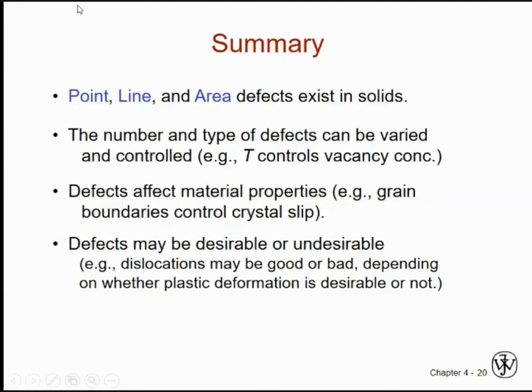So as a summary, we have talked about point, line, and area defects, and told that these defects are not a bad thing, not at all. They help in mechanical deformation and in other properties. For example, in point defects, you have vacancy defect. Let's take vacancy defect as a point defect.